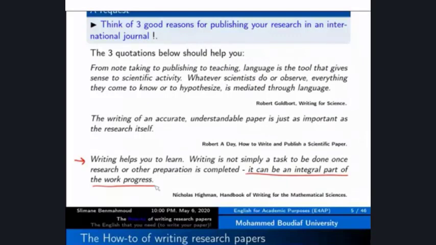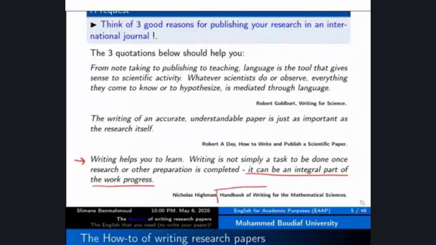Okay. Well, what does this quotation mean? This means that you have to use writing in every stage of your scientific project, of your work. You have to use language in every stage, not just for writing your report or something like that.